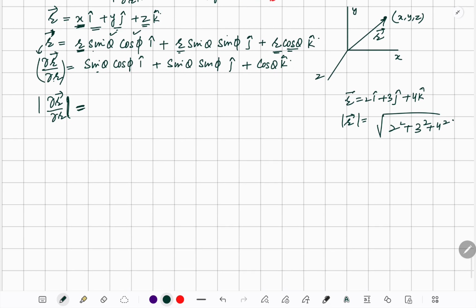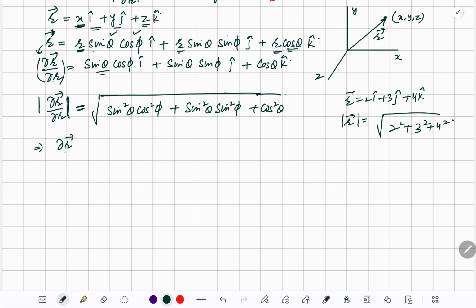So dou r by dou r, its magnitude is given by root of sine square theta cos square phi plus sine square theta sine square phi plus cos square theta. Which implies the magnitude of dou r by dou r equals, let's take sine square theta common, so there would be sine square phi plus cos square phi is 1, so root of sine square theta, because this and this will go, plus cos square theta, which is again 1, root of 1 is 1.